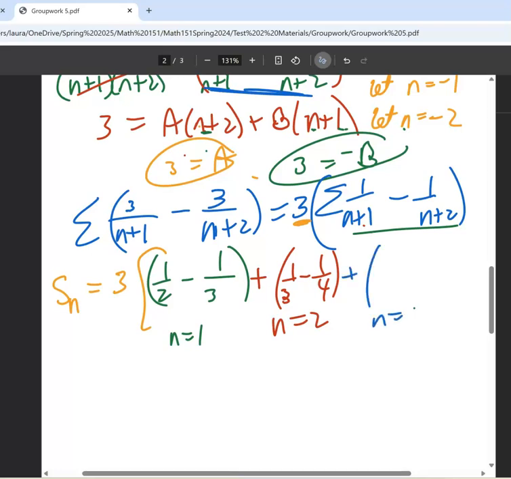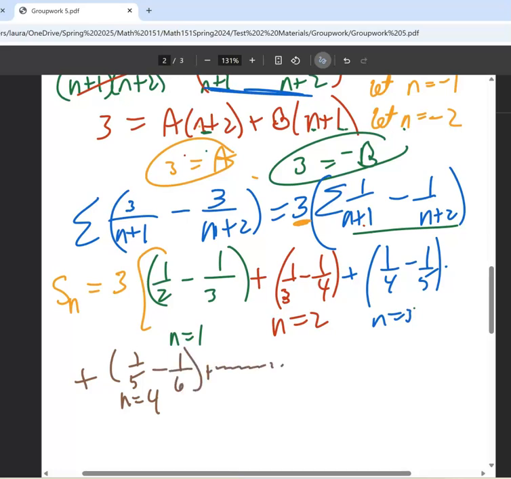Plus, I'm going to plug in n equal 3, 1/4 minus 1/5, dot, dot, dot. Well, maybe I'll do another one just to make sure you really see the pattern. Okay, so plus n equal 4, I get 1 over 5 minus 1 over 6.